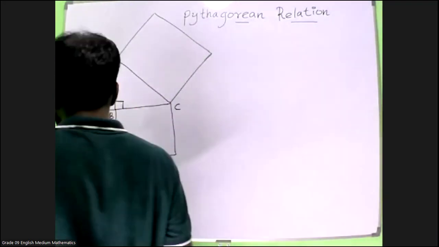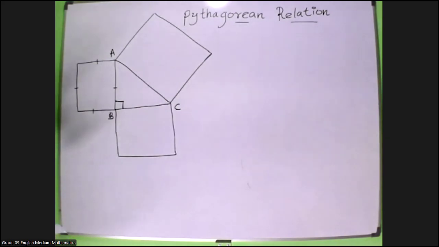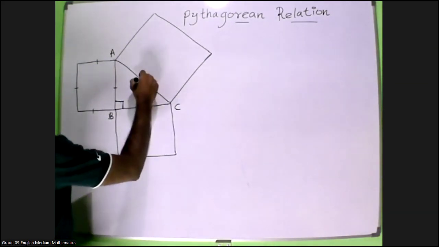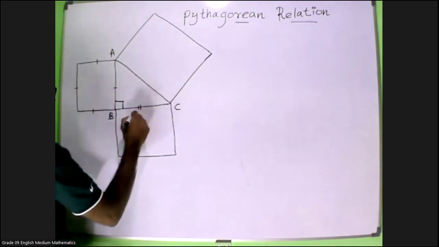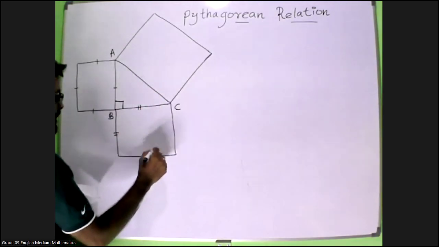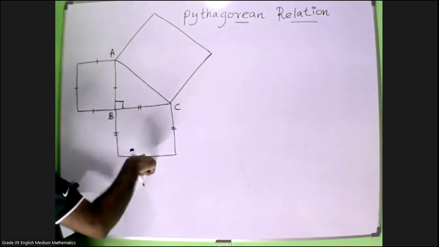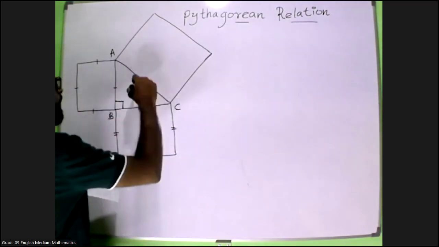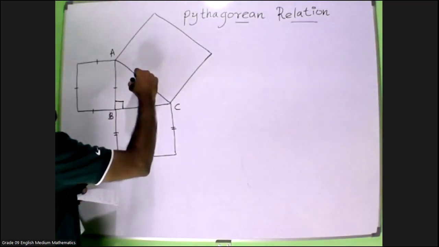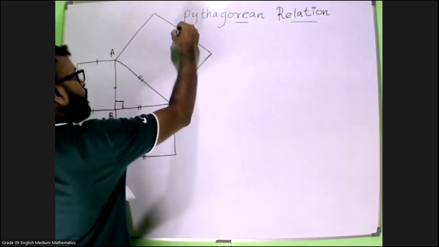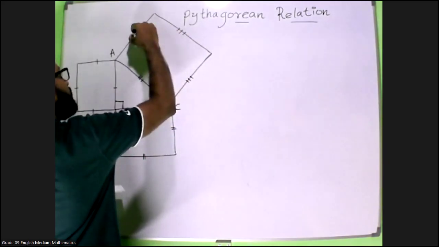So I will say, for example, this side equals this side equals this side equals this side. That means again a square, and this is also a square. 1, 2, 3, 1, 2, 3, and 1, 2, 3.